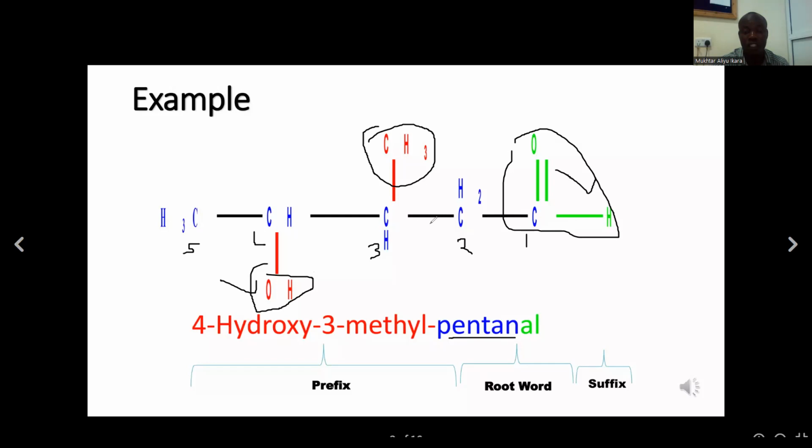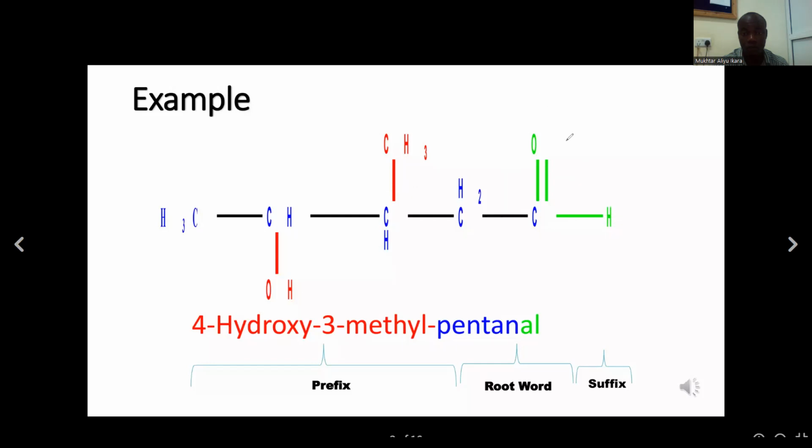And if the priority is given to the alkane, the suffix will end up with ane. But in this lecture, we are going to look at how some compounds are given higher priority in terms of the suffix than the others. We are going to introduce that before the end of the class.